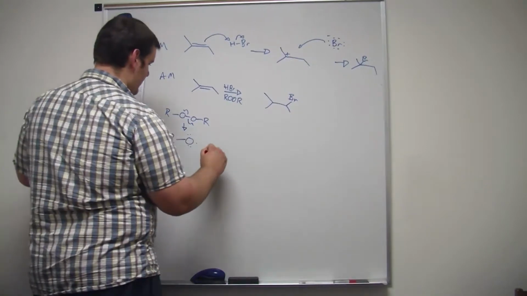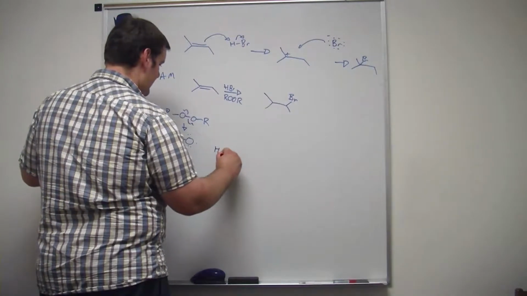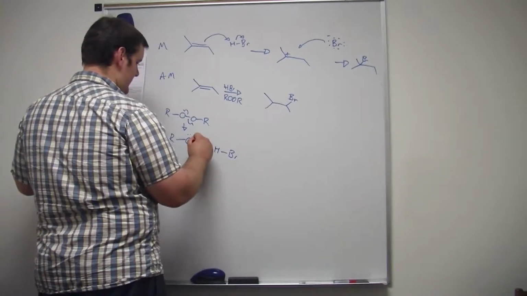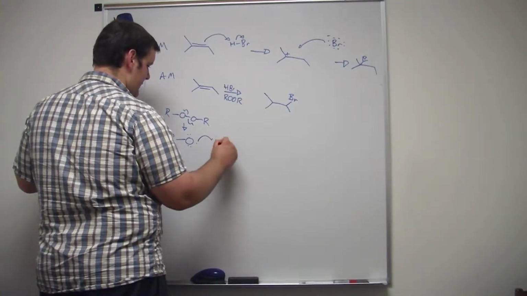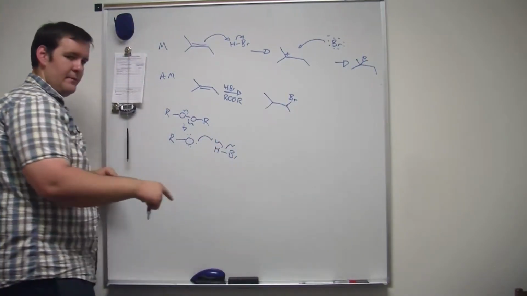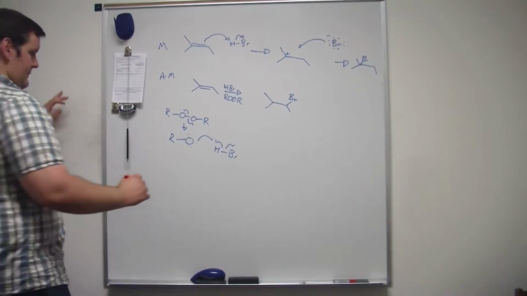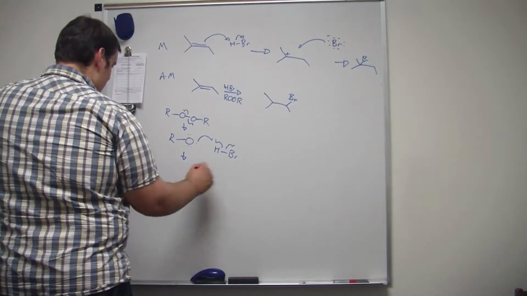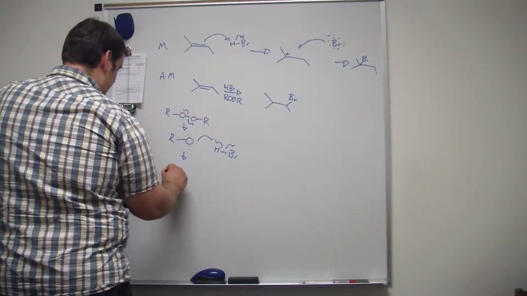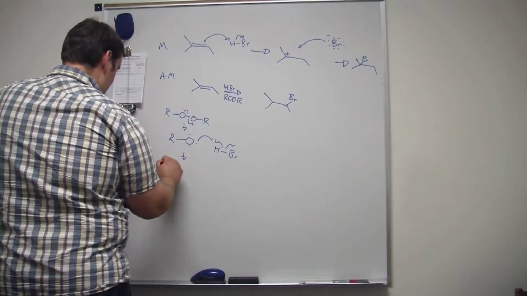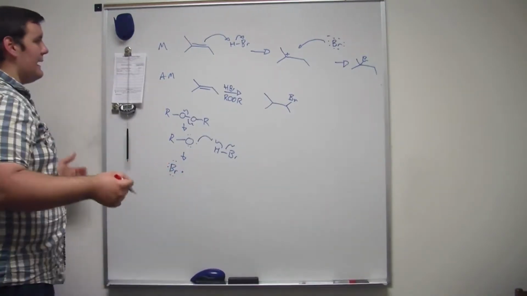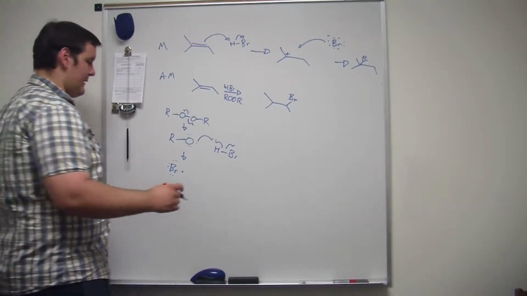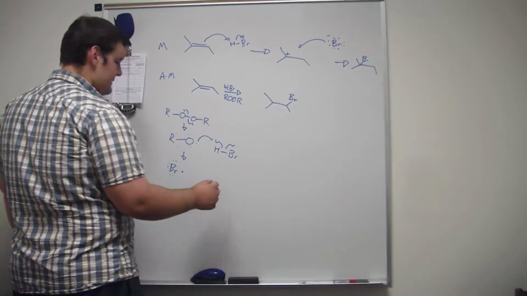It's the first step. And then that grabs a hydrogen from our HBr. Okay? So we're left with a free radical bromine. So this free radical bromine is what's going to add to our chain first.